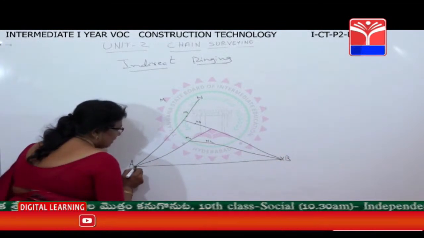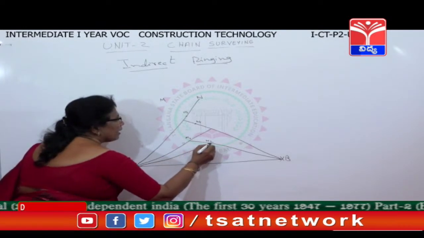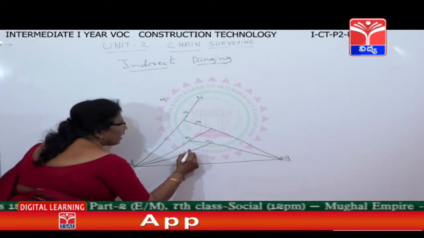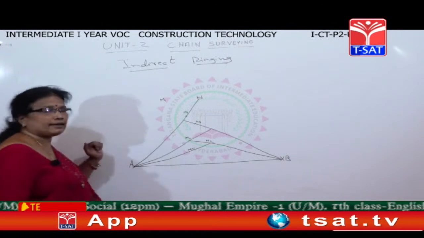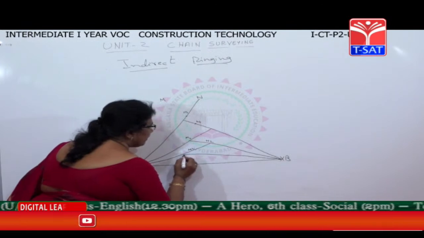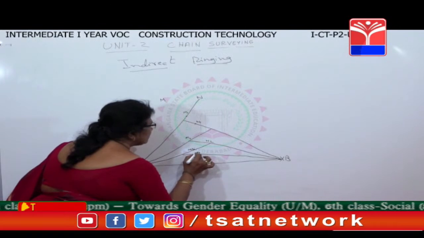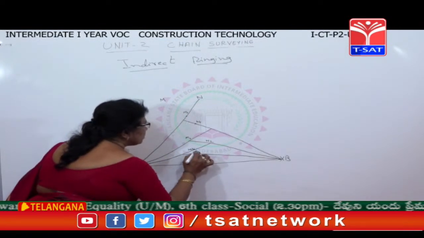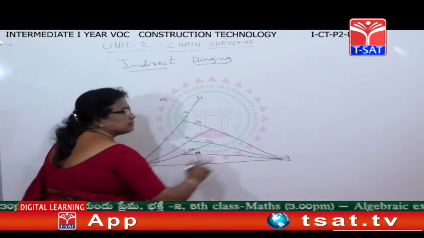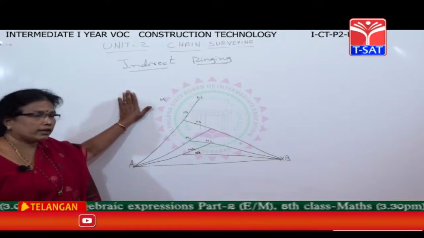Again, person A will ask M2 to move in a line such that A, N2 and M2 are in a straight line. This process is repeated till you reach M3 and N3, and then the distances are measured. This is the process of indirect ranging.